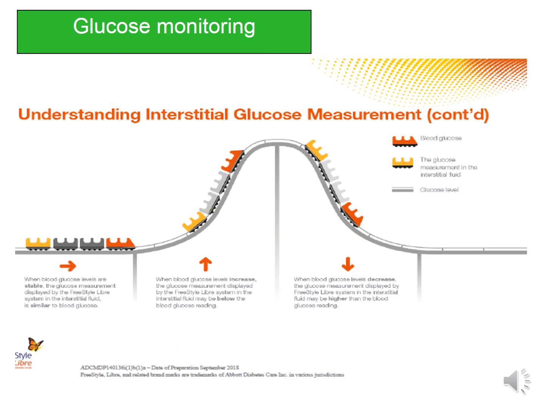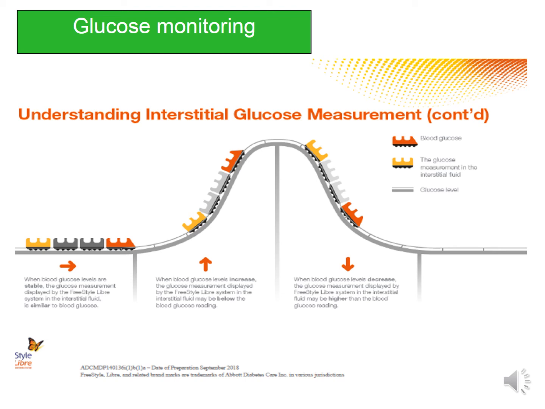To help explain the difference between the blood glucose reading taken from the finger prick sample and the interstitial fluid reading taken from the scan of the sensor, we are using the idea of a roller coaster. The red cart here is the blood glucose reading and the yellow cart is the reading taken from the scan. When the glucose levels are stable, the red cart and the yellow cart should be measuring very similar readings.